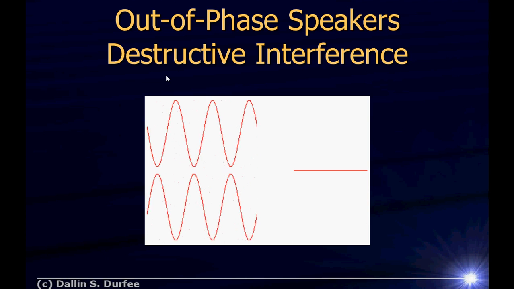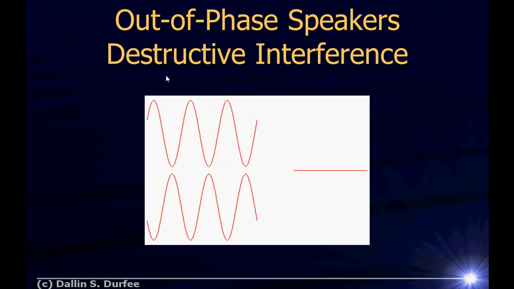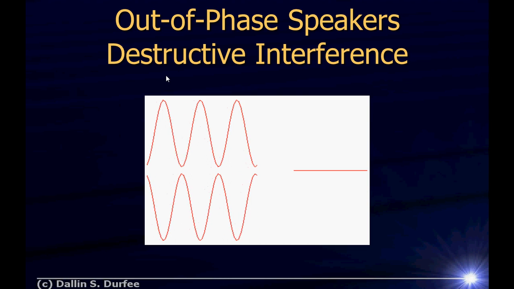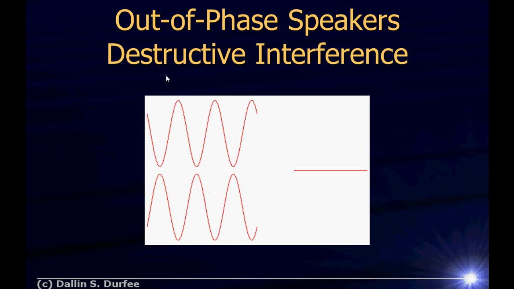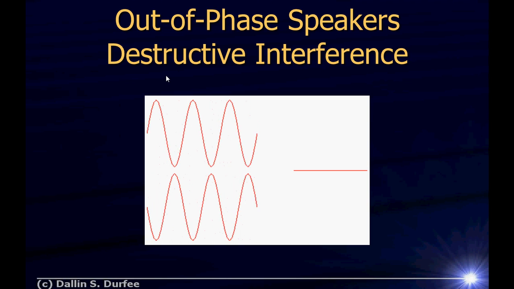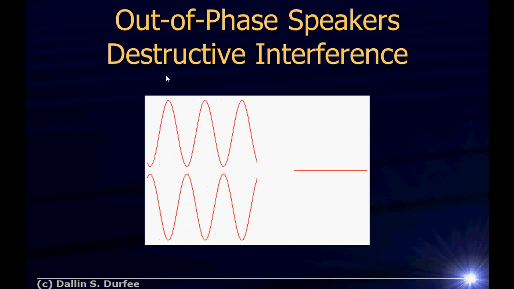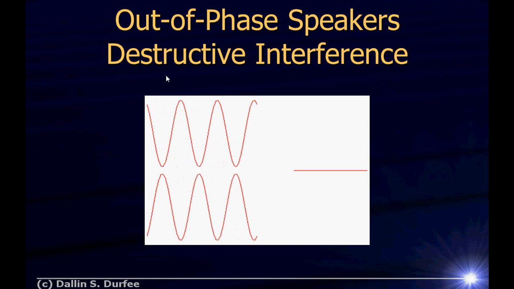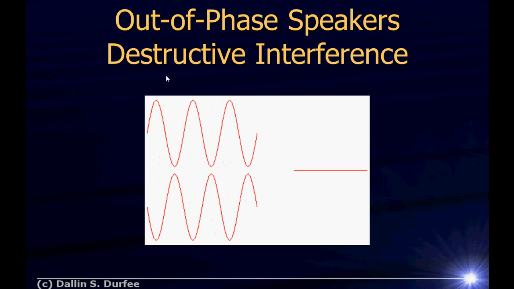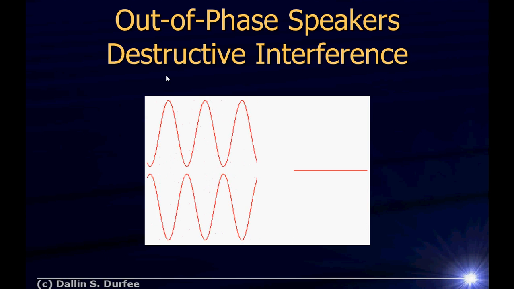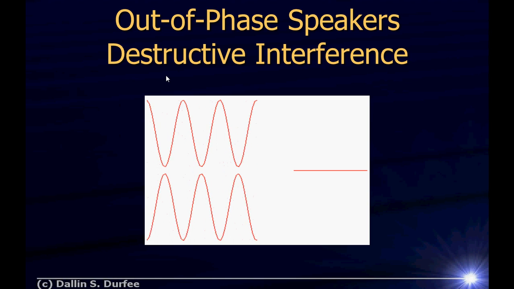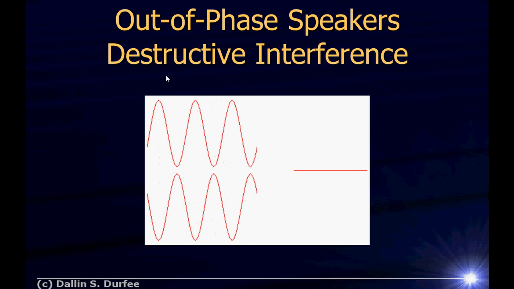Now, in real life, it may be harder to hear this because when we listen to two speakers on our radio, first of all, they aren't necessarily playing the same thing, right, if we have a stereo. Second of all, they're going to be playing lots of different sine waves at different frequencies, okay?